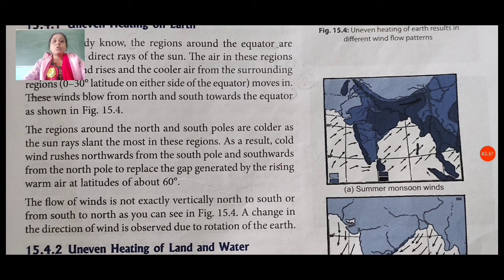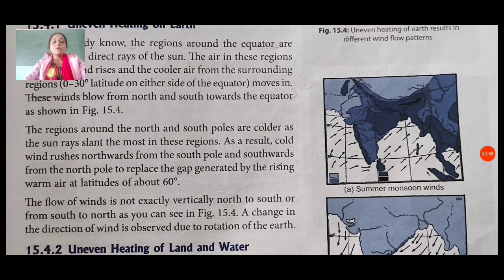As a result, cold wind rushes northwards from the south pole and southwards from the north pole to replace the gap generated by the rising warm air at latitudes of about 60 degrees.